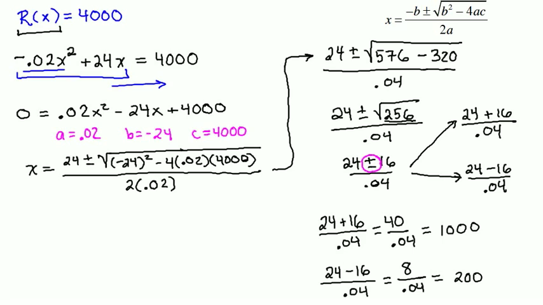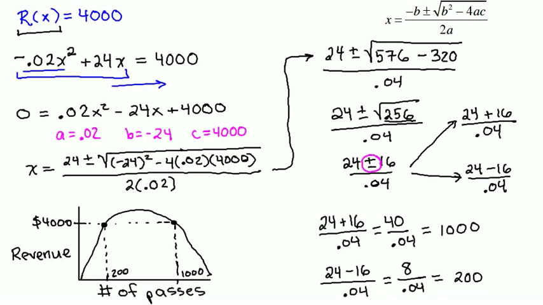The reason we can get two answers to something like this has to do with how this function is composed. Because this revenue function takes into account some supply and demand, we don't assume that if you sell more passes you necessarily make more money. We are assuming that if you sold more passes, you probably sold them at a lower price per pass.